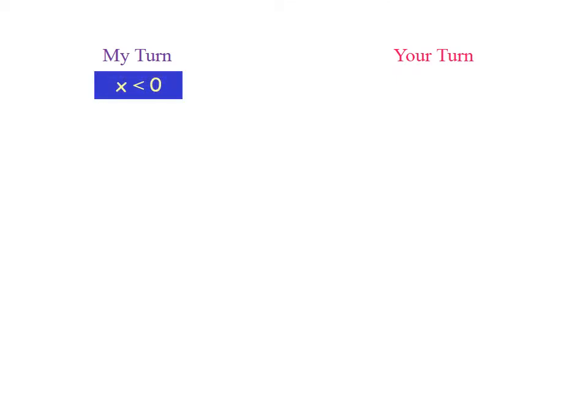X smaller than 0. This time X cannot be 0 itself, but it can be absolutely anything smaller than 0. X could be -1, -7, -100, and so on. Your turn. X smaller than -10. What could X be?